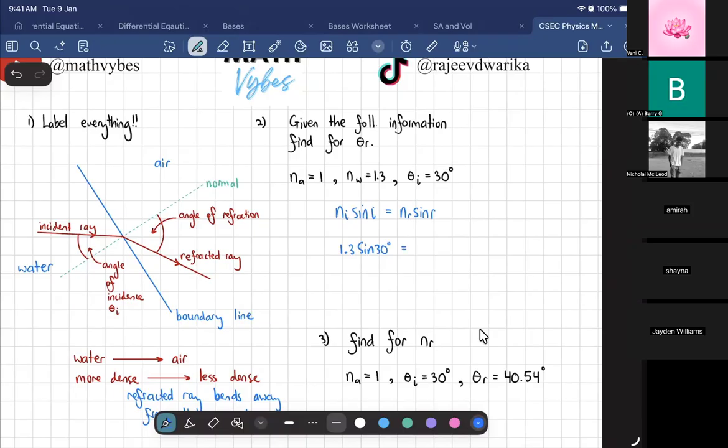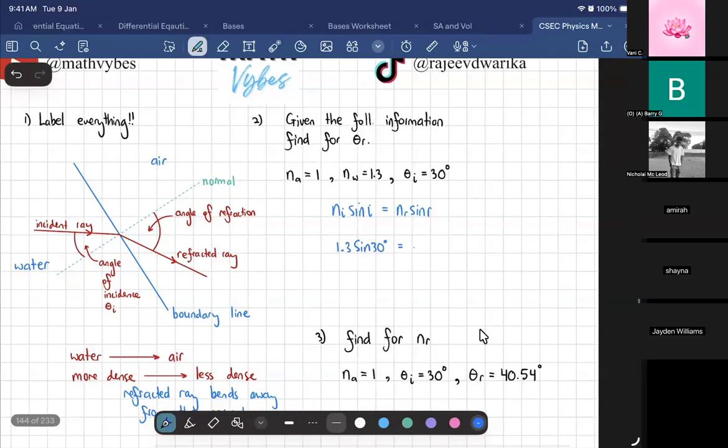What is Nr? That stands for the refractive index for wherever the refracted ray is. Where's the refracted ray, guys? Amira, where's your refracted ray?